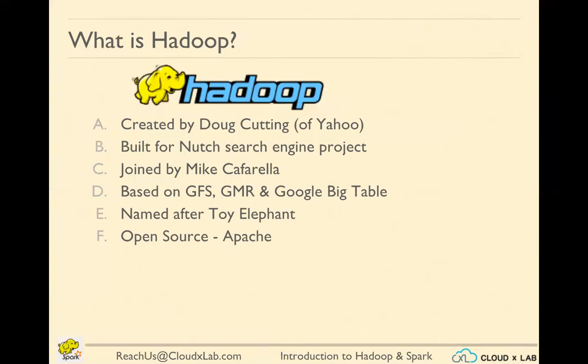What is Apache? Apache is a kind of a license. So Apache Hadoop was started with these three components. The Google File System paper was implemented and became the Hadoop file system, the paper on Google MapReduce was implemented and was called Hadoop MapReduce, and Google Bigtable was called HBase.